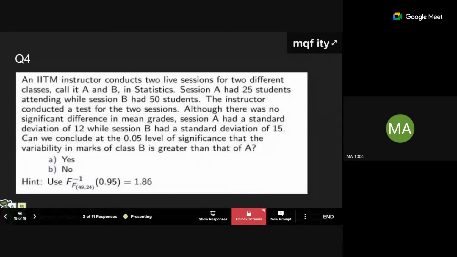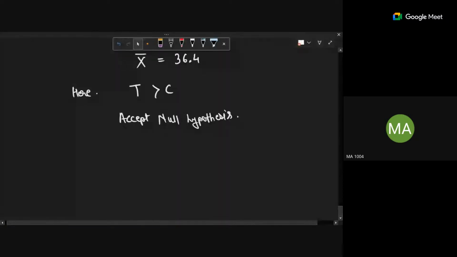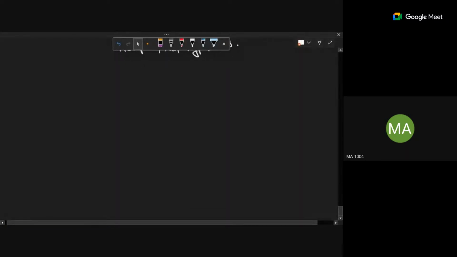So let's start with the discussion. There are two sessions, right? Session A and B, and what's given about that?